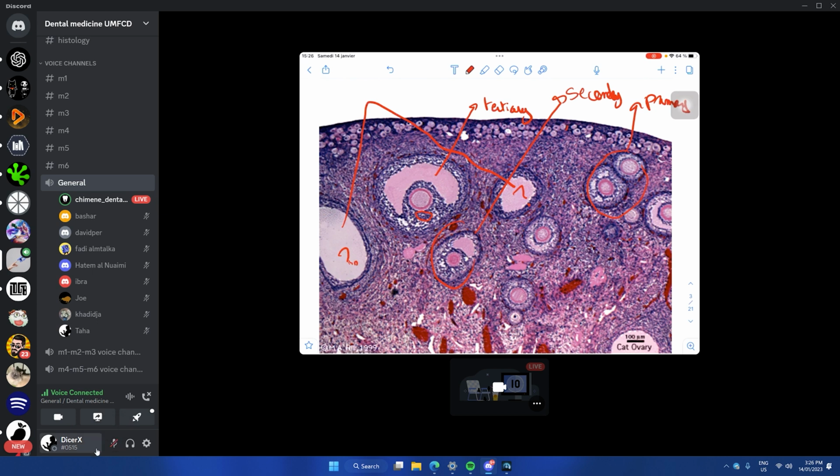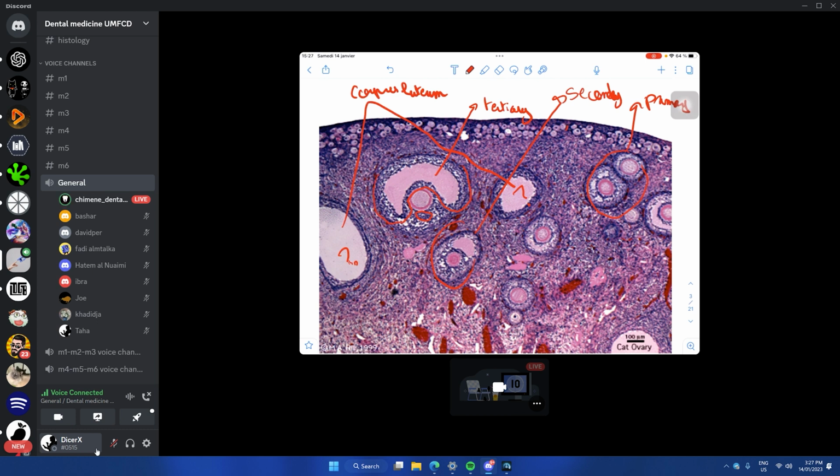First of all, those are corpus luteum, guys. After the oocyte is released into the fallopian tube, the whole follicle itself will not degenerate directly.